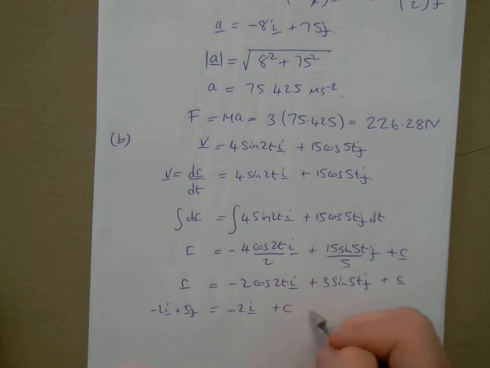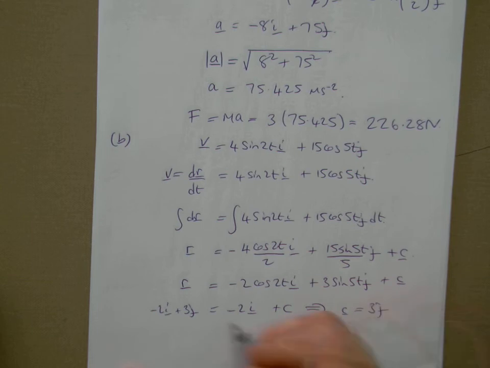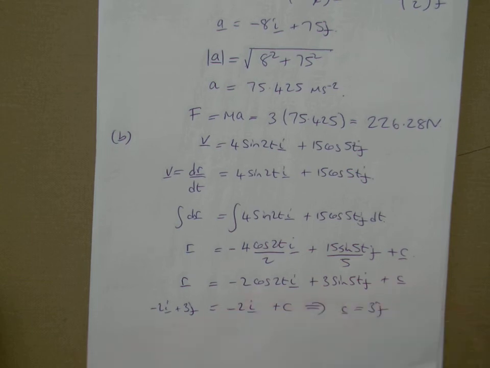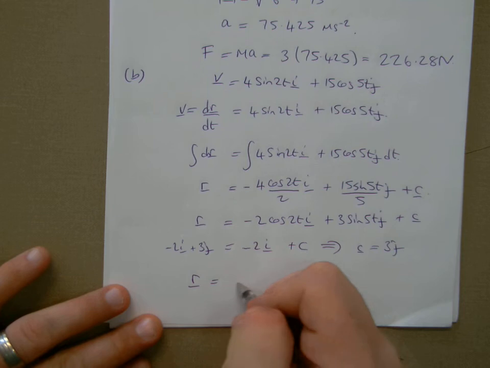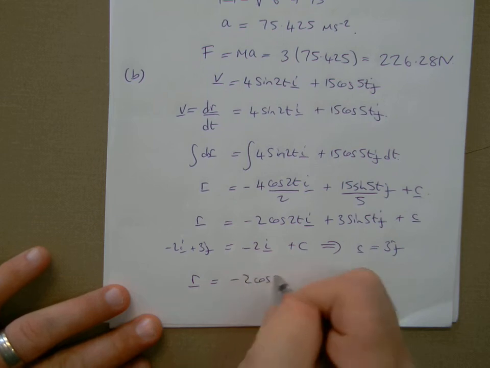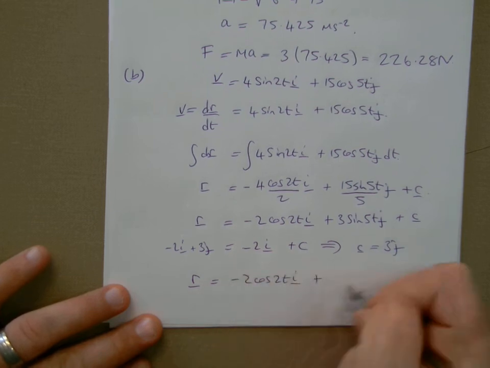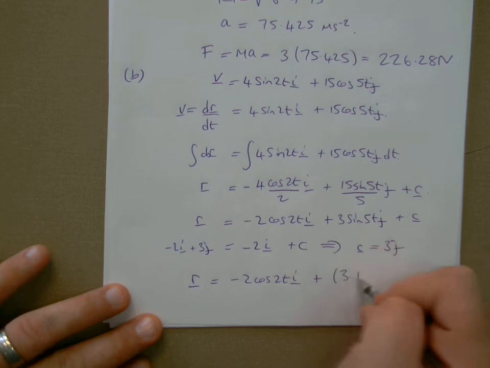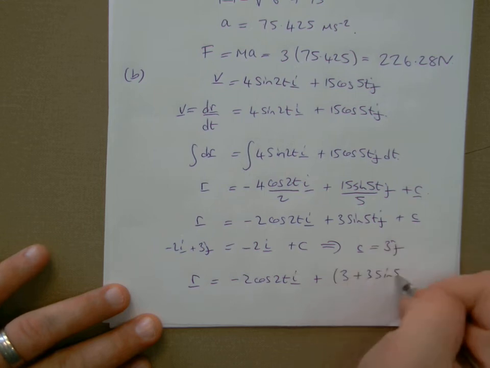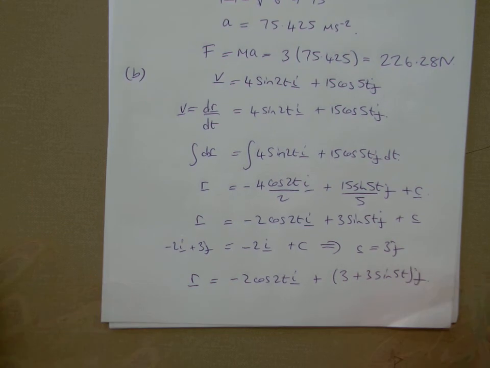So then c just turns out to be 3j, because the minus 2i's cancel. Alright, so we've got our general answer for part B, minus 2 cos 2t i, and then we can put the 3j and that together, so we've got 3 plus 3 sine 5t j, okay?